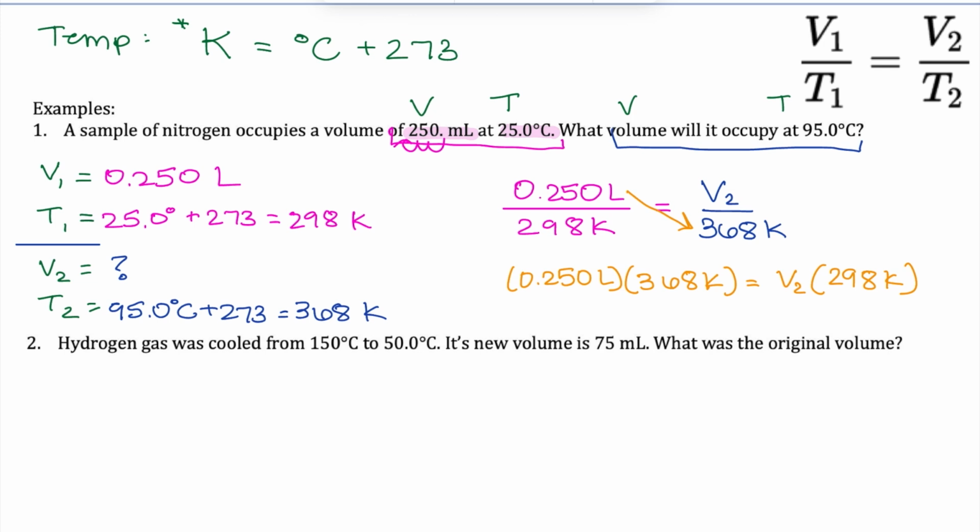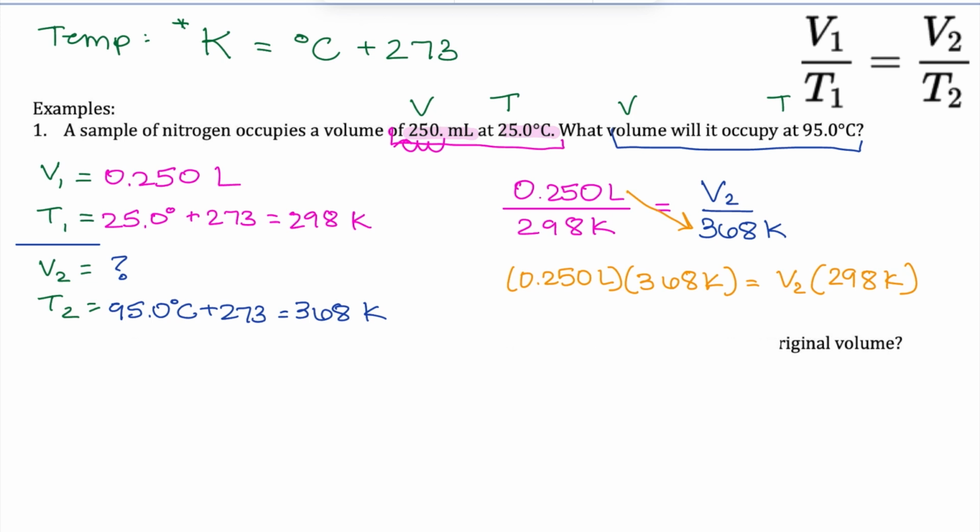And then I can go ahead and divide both sides by 298 K in order to get the value of our volume 2. So however algebraically you want to solve, we just need to get V2 by itself.